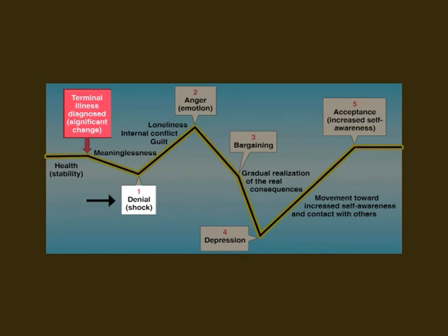There is a decline in their level of functioning, as you can see in this diagrammatic representation. After an initial stage of denial, slowly they start understanding that they have to accept it, and they go through guilt, internal conflict and loneliness, and finally have a burst of anger.